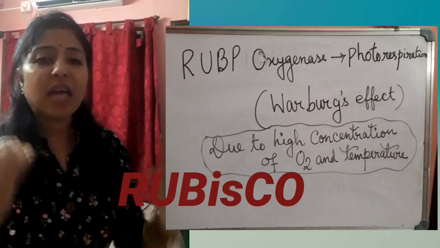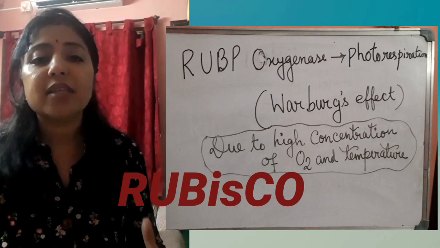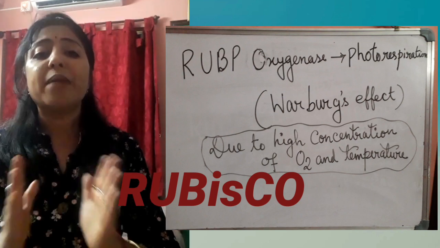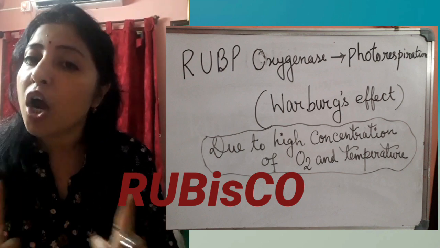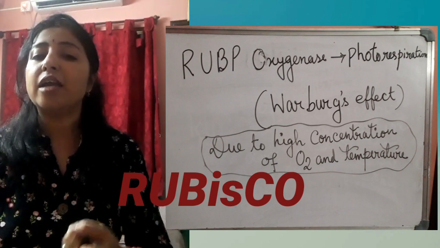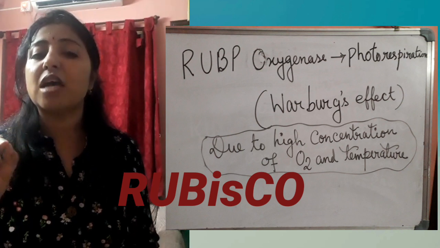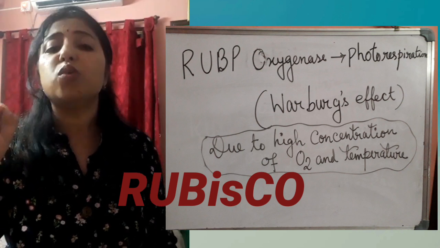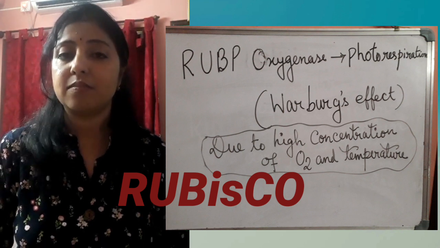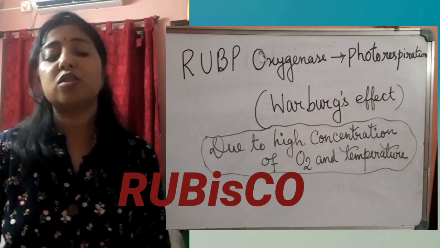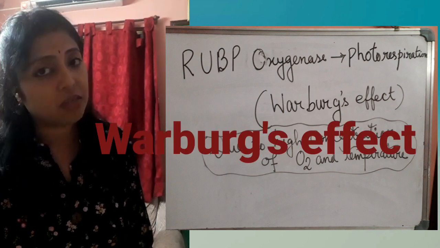Clear? But sometimes, due to high temperature and the presence of huge oxygen, the Calvin cycle does not happen. At that time this enzyme Rubisco acts as RuBP oxygenase, and this effect is known as Warburg's effect.